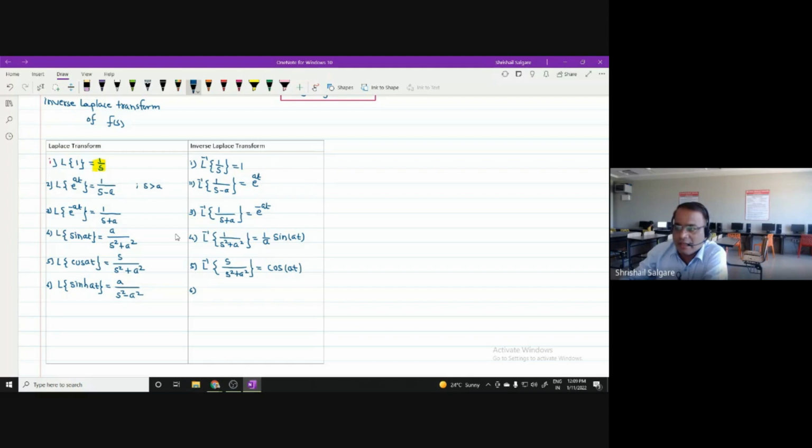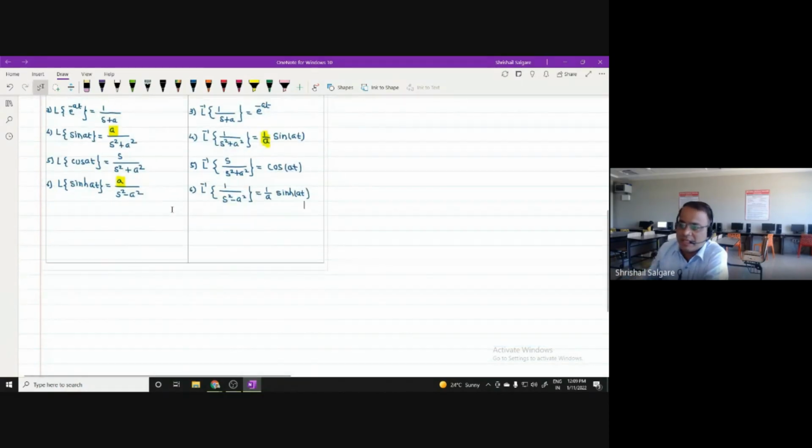Now again, this a is a constant, so we can adjust. So L inverse of 1 upon s square minus a square is given by 1 upon a into hyperbolic sine of at.